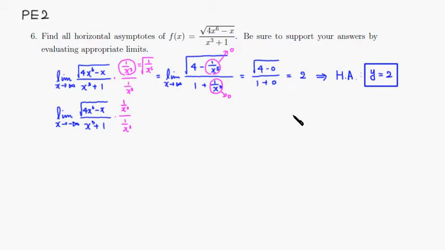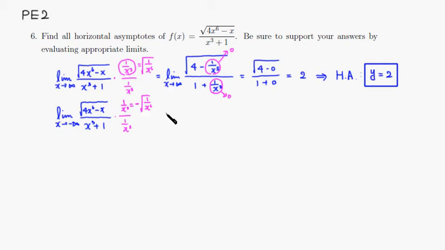Here's the difference. Since x is going to negative infinity, x is a negative value, so 1 over x cubed is definitely a negative value. So this is not really equal to the square root of 1 over x to the 6, because with the even power, that is definitely a positive quantity. We have to put a negative sign there to make sure these are actually the same thing.